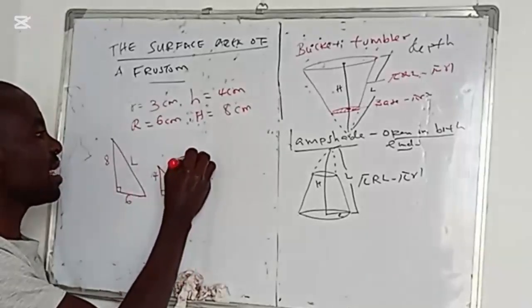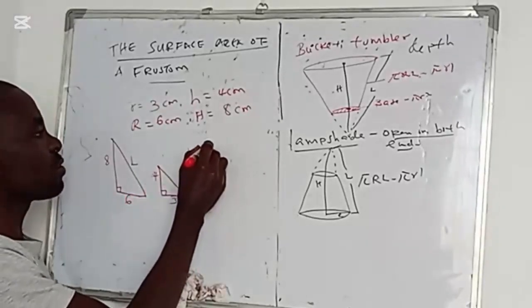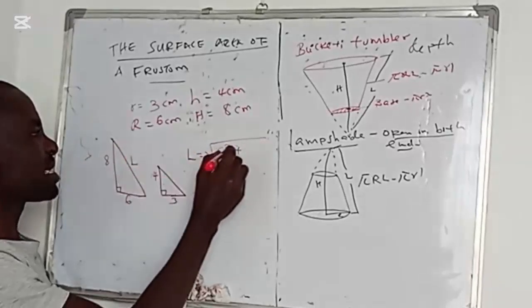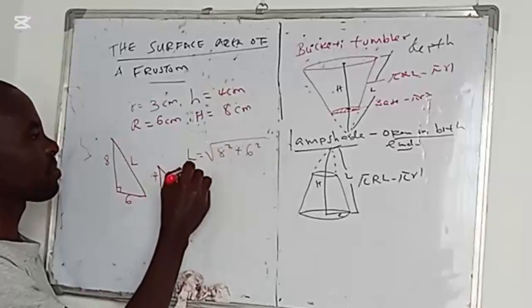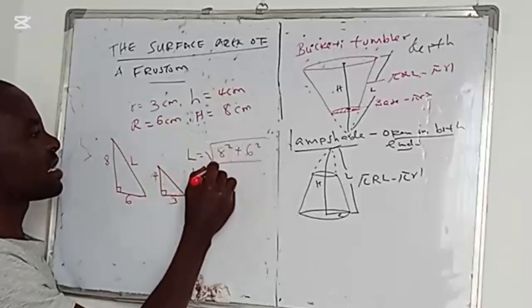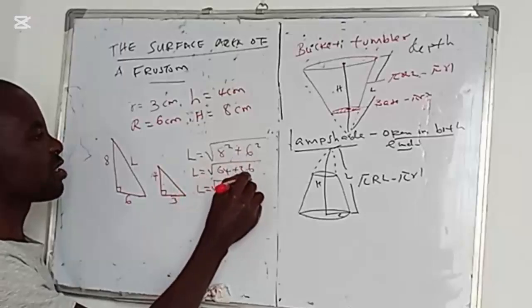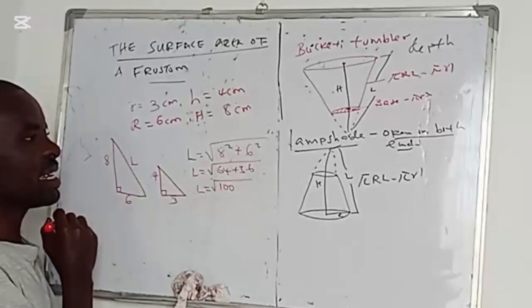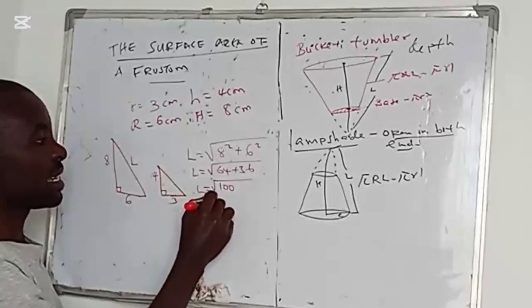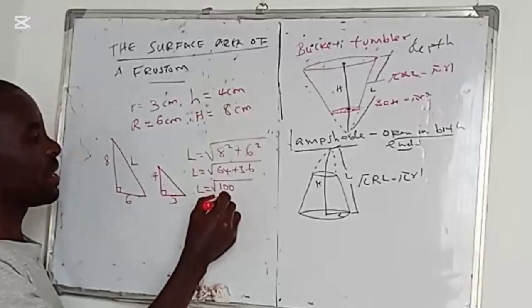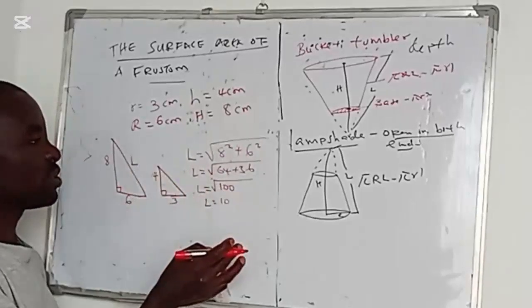Our big L will be given as the square root of 8 squared plus 6 squared. So L squared will be 64 plus 36, which means that L squared is 100 centimeters squared. Then the square root gives you 10.